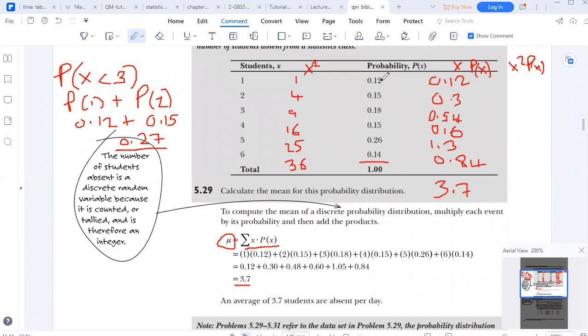So 1 times 0.12, I'm getting 0.12. 4 times 0.15, I'm getting 0.6. 9 times 0.18, I'm getting 1.62. 16 times 0.15, I'm getting 2.4. 25 times 0.26, I'm getting 6.5. And 36 times 0.14, I'm getting 5.04.